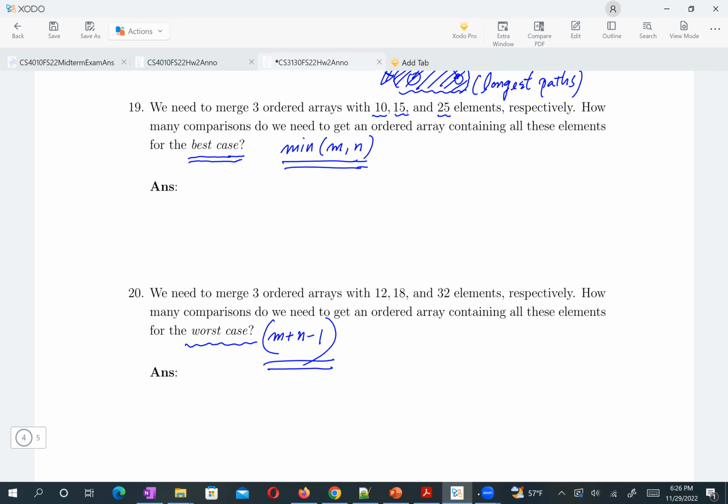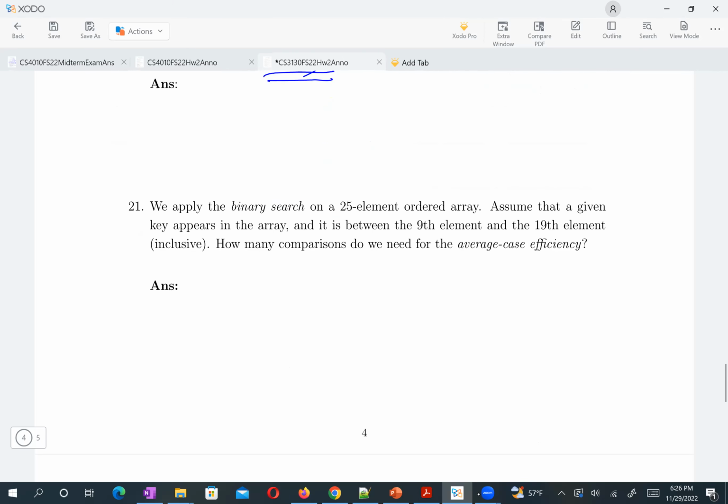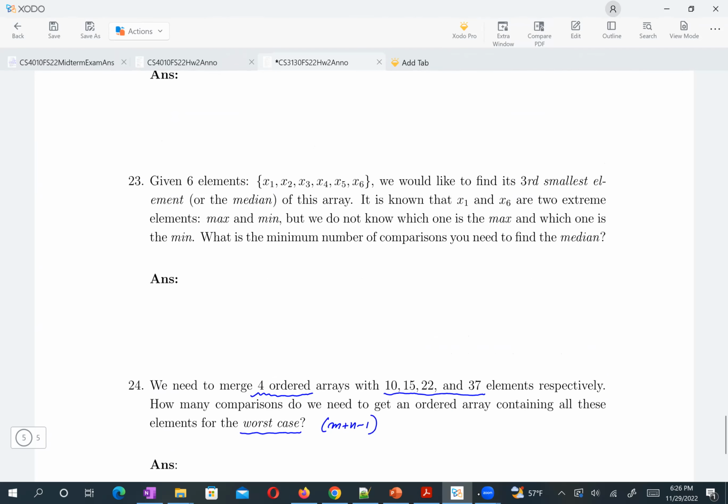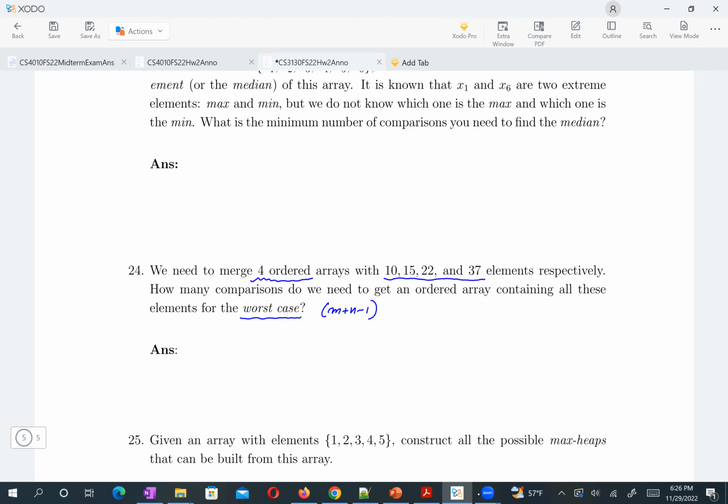But for this question, when you have 4 ordered arrays, that number of cases can grow, probably too many. If you try all possible cases, probably too many cases.